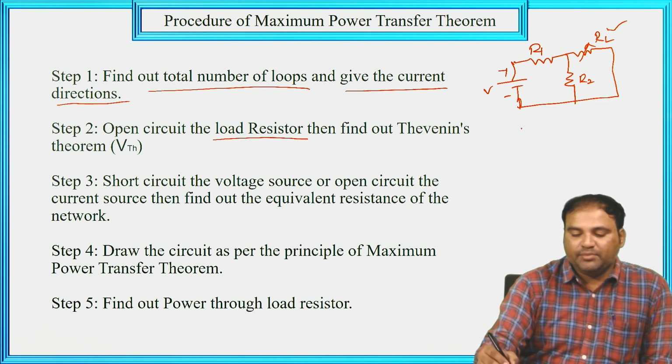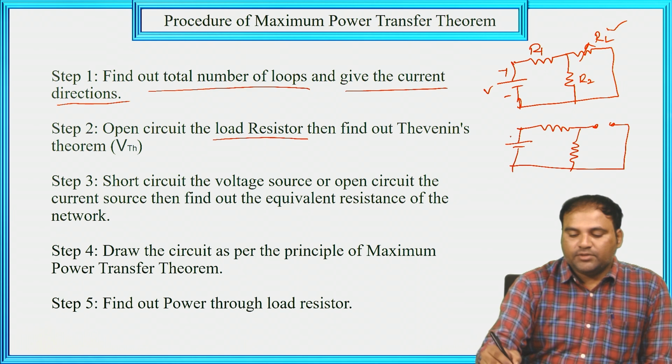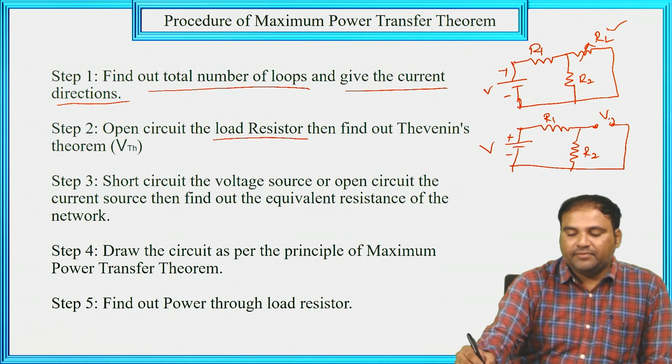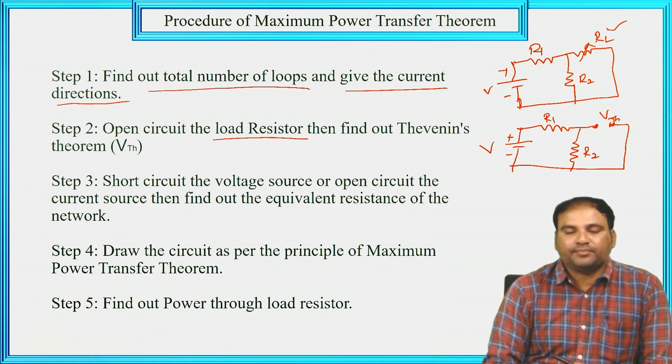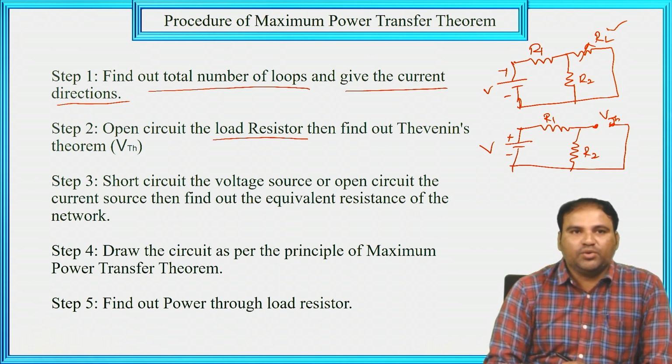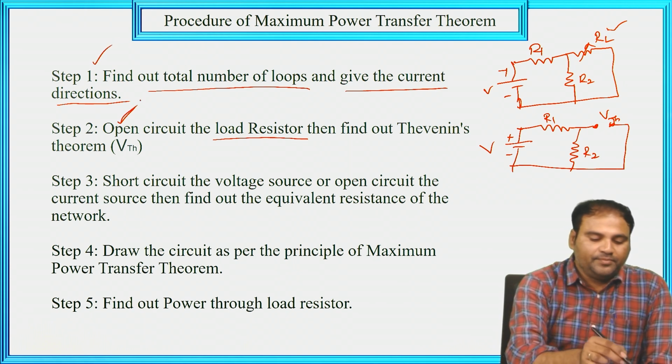So we open circuit the load, and with the voltage source, resistors R1 and R2, across these two terminals we calculate VTH. That is step number 2. So step 1 is over and step 2 is also over, VTH.